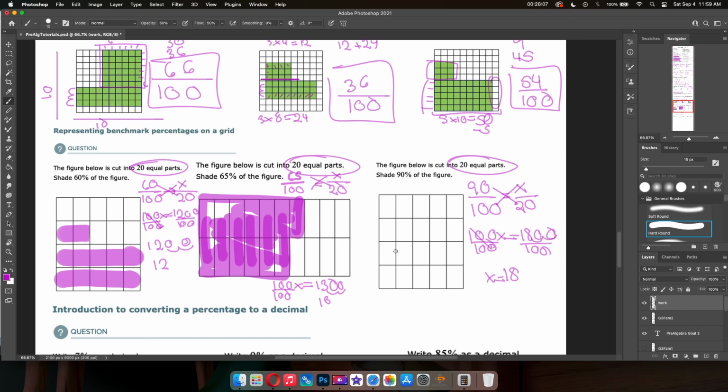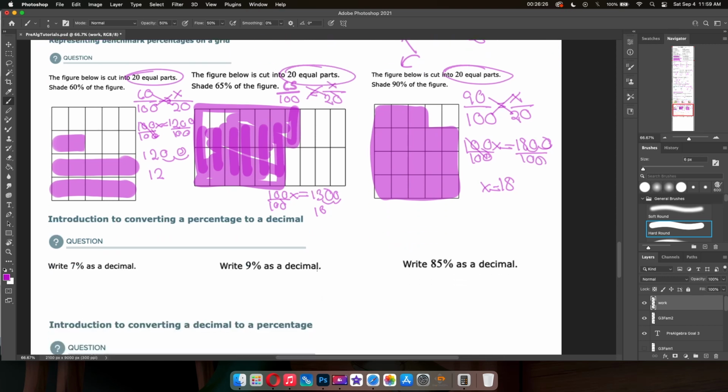So I'm shading in 18 pieces of my grid. So it's going to look something like that. Ta-da! Now, these two topics, this one up here and this one down here, I feel as though most kids test already into this topic, but just in case, it's all covered and you don't have to worry about it.